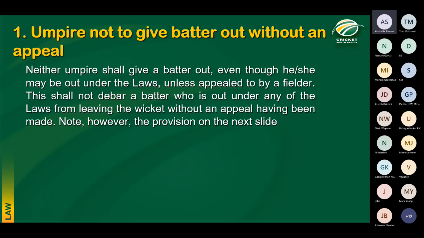Another occasion, the batter was playing away from his body. I heard a clear sound, but no one appealed. And because no one appealed, you will not give the batter out. The law is clear on this.